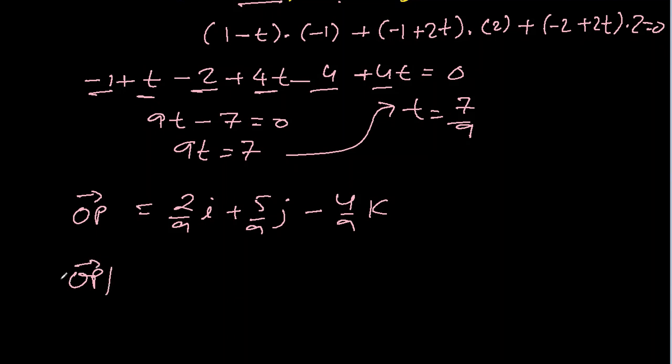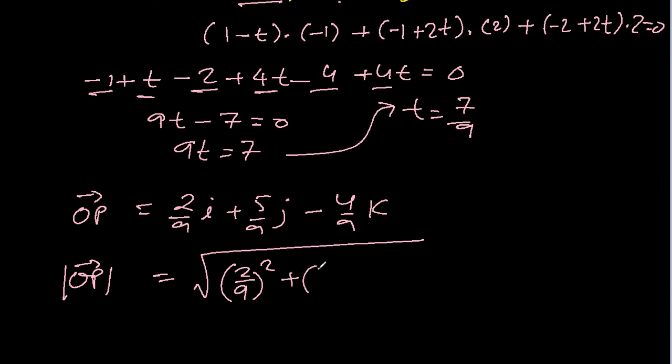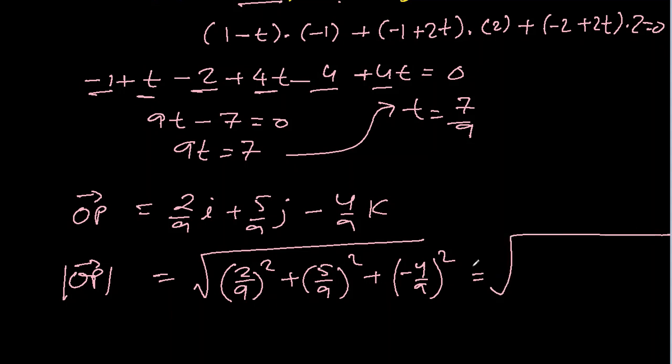So let's write the magnitude: square root of (2 over 9) squared plus (5 over 9) squared plus (minus 4 over 9) squared, which will be 4 over 81 plus 25 over 81 plus 16 over 81.